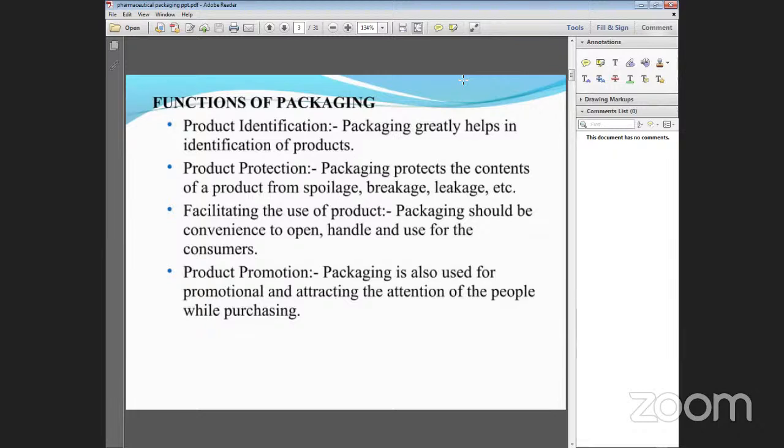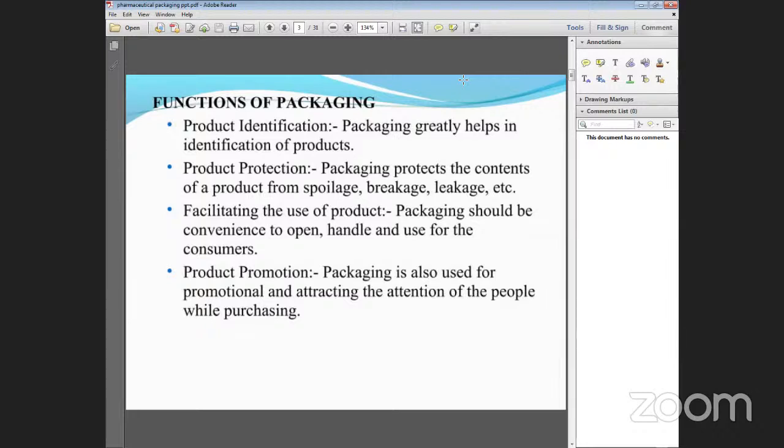Product promotion. Packaging is also used for promotion and attracting the attention of the people. Nowadays, packaging systems are improving day by day, and new types of packaging have been introduced to attract the attention of people while purchasing.